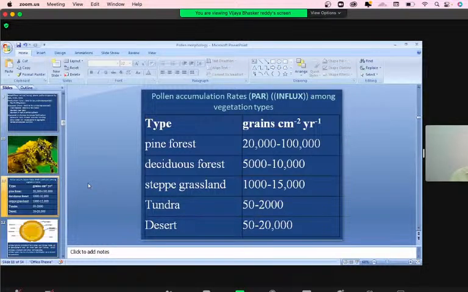That's why they release more and more amounts, and that too saccate type of pollen grains, which help the plant to disperse the pollen to certain areas and get pollination.